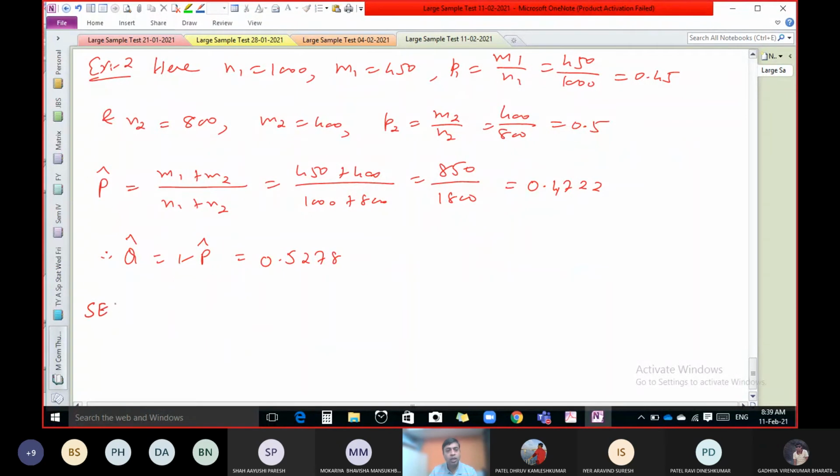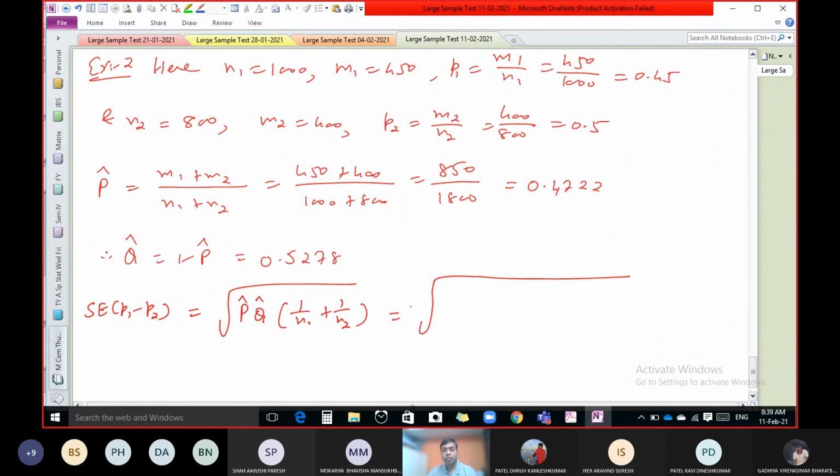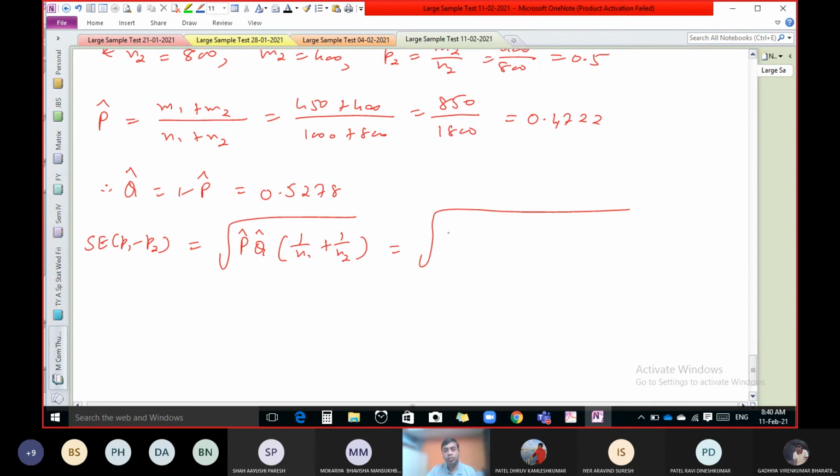Find out the standard error first of all. Standard error of P1 minus P2. The formula is root of P cap Q cap into bracket 1 upon N1 plus 1 upon N2. P cap is 0.4722, into 0.5278, into 1 upon N1, which is 1000, plus 1 upon N2, which is 800.